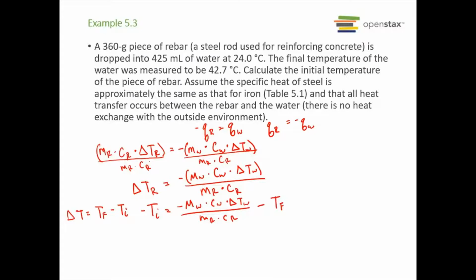And we need to multiply everything times a -1 to make this positive. So T initial is equal to positive m_W c_W delta T_W over m_R c_R plus T final.